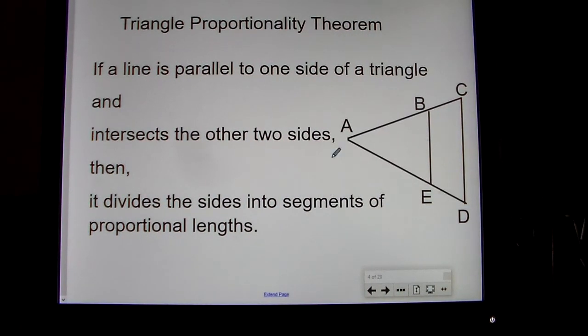This is the triangle proportionality theorem. If a line is parallel to one side of the triangle and intersects the other two sides, then it divides the sides into segments of proportional lengths.